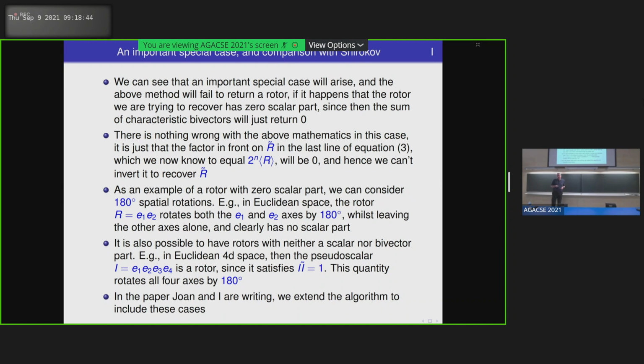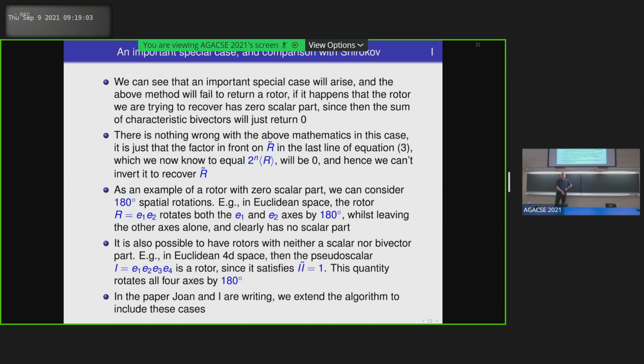Now, in the paper that Joan and I are writing on this, we extend the algorithm to include these cases. And actually, it's quite simple and doesn't require much extra work. In the case where it's just a bivector, you flip 2 axes by 180 degrees.